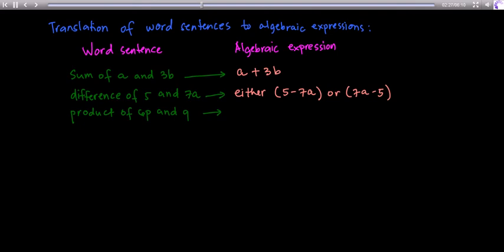When we say product, we just multiply, so we could write it as 6p times q. Meaning, 6 times the value of p, and we multiply it with the value of q later on, if we're having a given value for q.